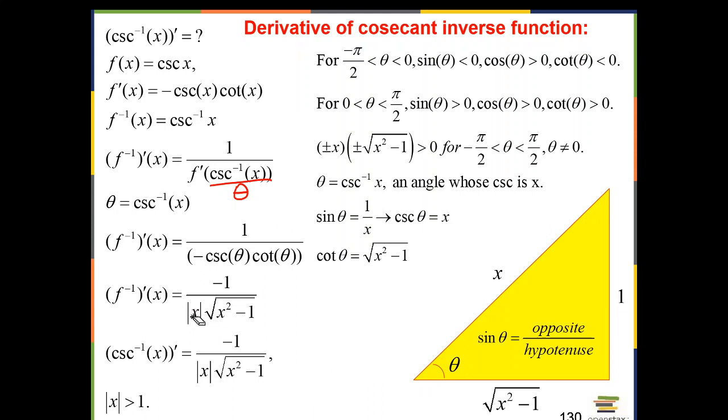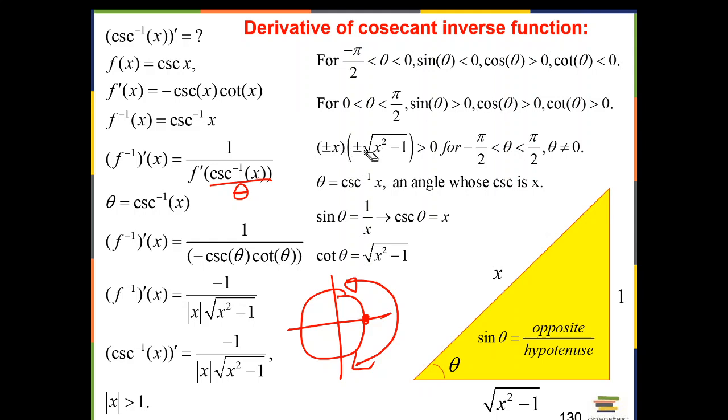Now, again, the reason we put absolute value is the same thing. In this case, the restricted domain is from negative pi over 2 to pi over 2. But 0 is not included, because at 0, sine is 0, and 1 over sine is going to cause trouble, right? So in this region and in this region, just like I explained before, there are some sign changes, but the product has to be positive.